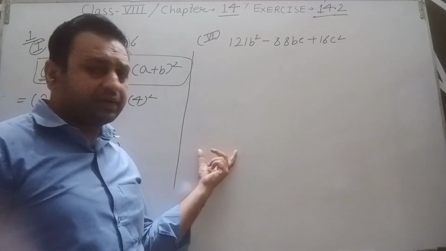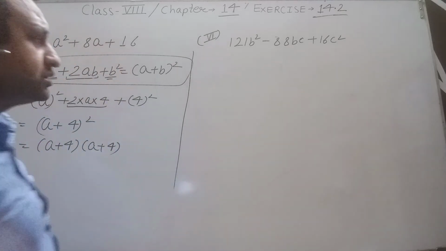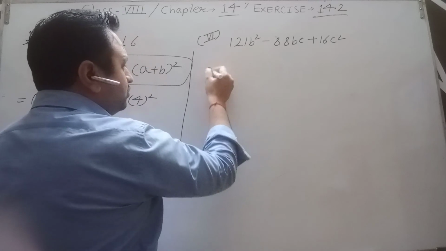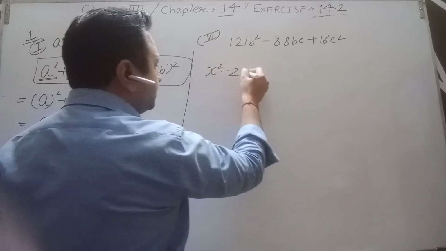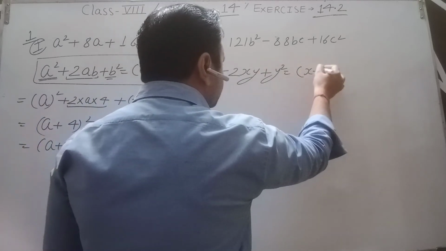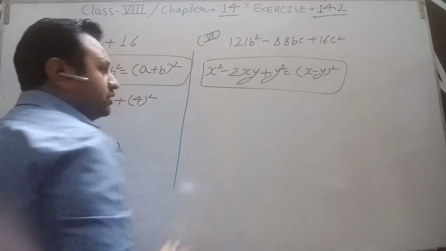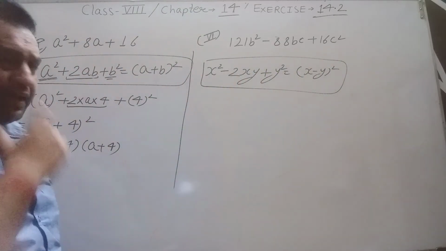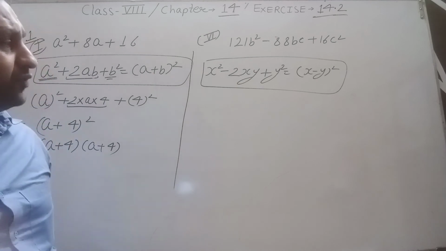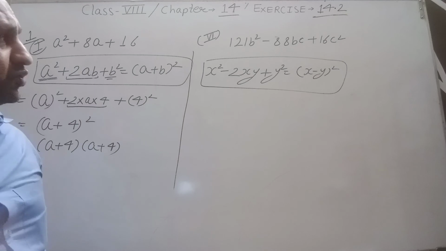So to factorize it we use an identity, and the identity may be used because it contains a minus sign. So the identity that can be used is x square minus 2xy plus y square equal to x minus y whole square. You can note the identity in the variables x, y, a, b. It's your choice.